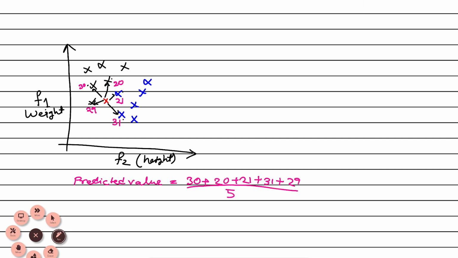Now let's say I am implementing a classification type problem, same problem. In place of BMI, let's say the values are 1 or 0. So maybe here is 1, here is 1, here is 0, here is 0, here is again 0.